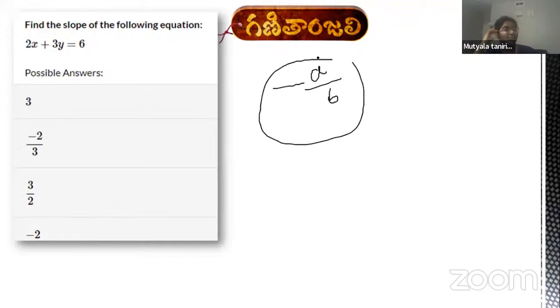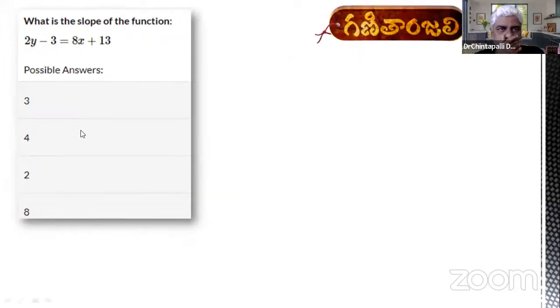So is it negative 2 over 3? Yes. But it is not in that form. It can be converted into y equals mx plus c form. 2y equals 8x plus 16. So it's 4. Yes. 4 is the slope.